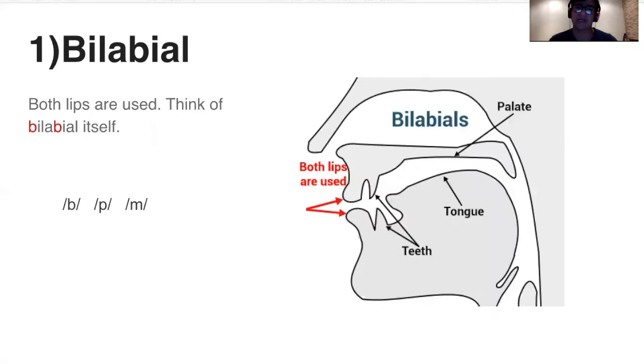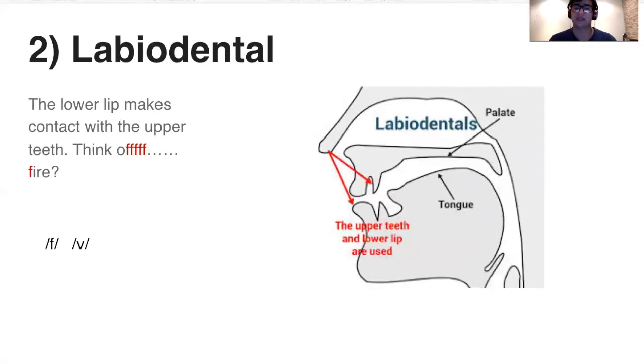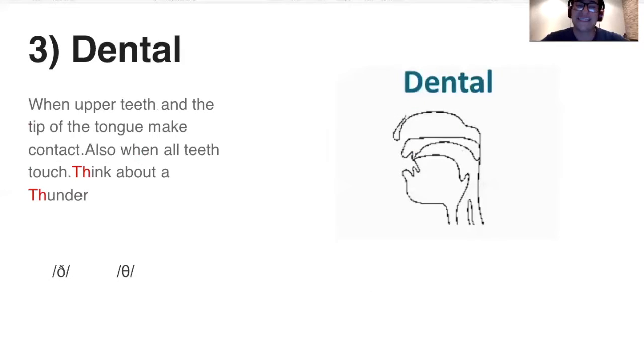The first one is bilabial, and it's pretty easy to define because we basically use both of our lips to produce that sound, like b, p, and m. Labiodental sounds are made when the lower part of my lips touch the upper teeth, as in f or v.